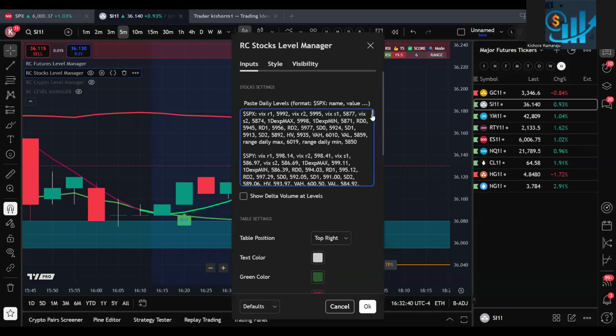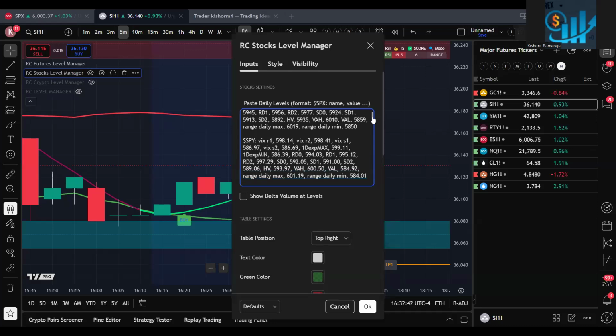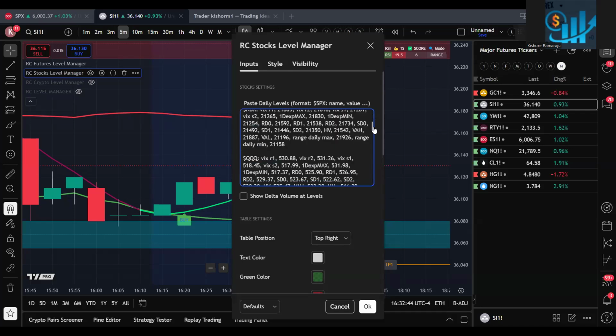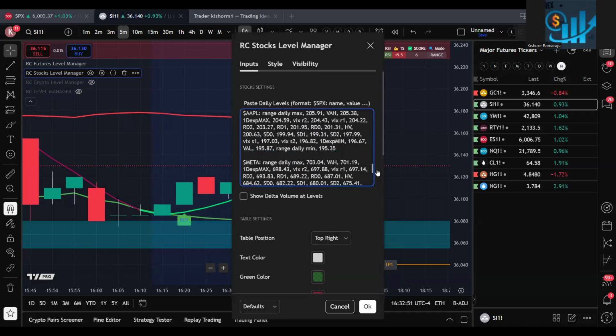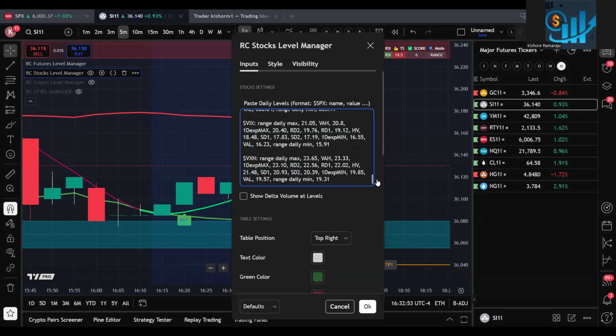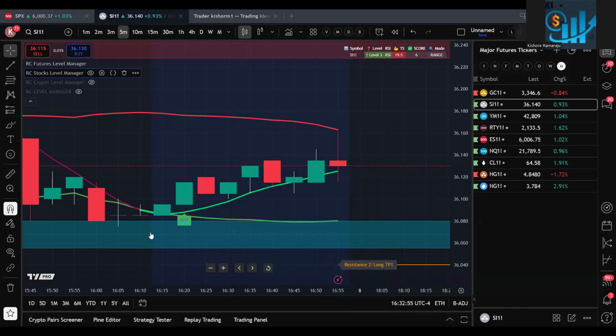For every stock, there may not be liquidity, but your SPX, SPY, QQQ, NDX, Nvidia, Tesla, Amazon, Google, Microsoft, Apple, Meta, VIX, all these will have volume every day. Each and every day, there will be millions and millions of volume transactions. So if you focus on these ones, that is more than enough for you to take the trades.